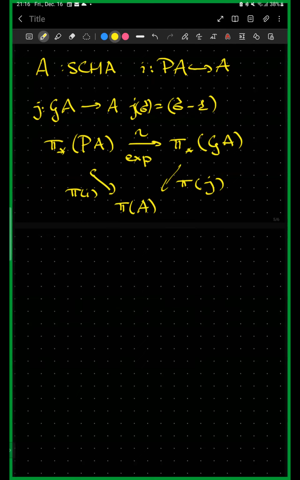Okay, so then if we know this result, which is relatively straightforward to prove, we just have to check it on, well, on the generators.